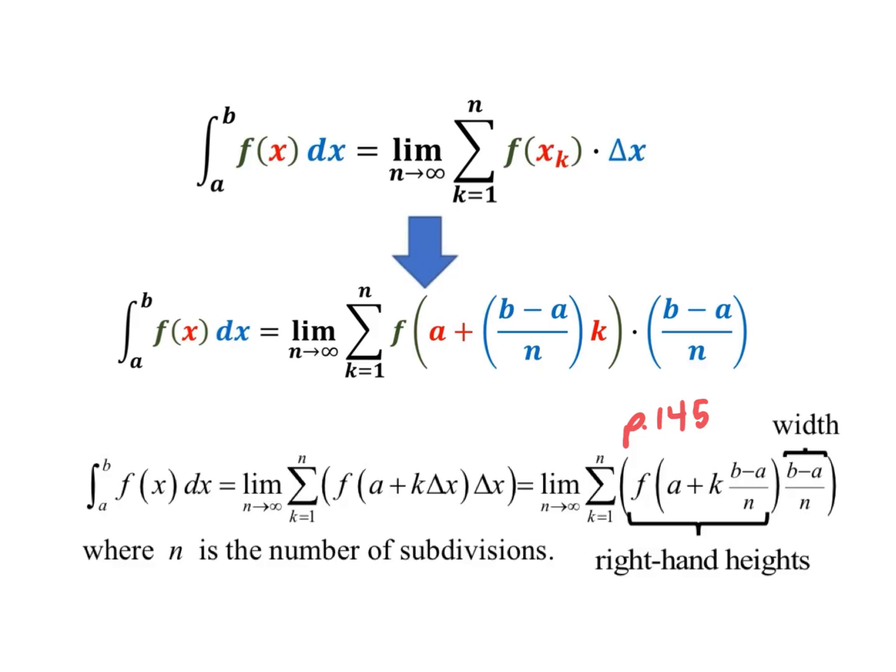Now, in our BC book, they flip these two things around, right? So they have the k first and the b minus a over n second. But these are basically the same thing. Okay, and this notation that the book uses is similar to what we've seen as well. Again, our book uses the K, that the AB uses an I. And these are right-hand heights. That's important to note.